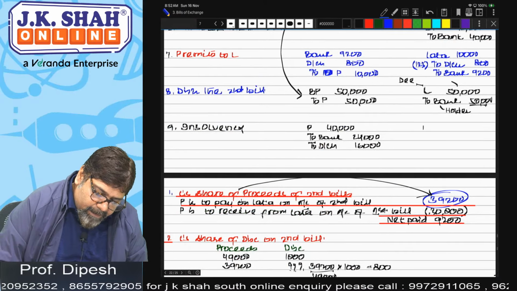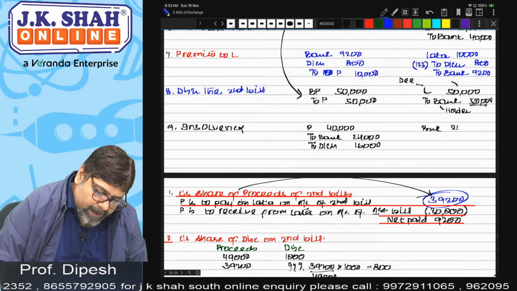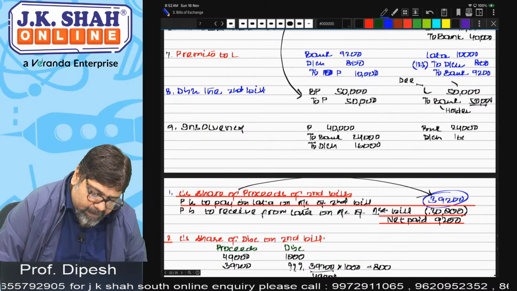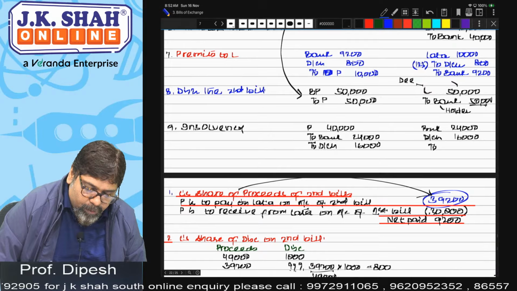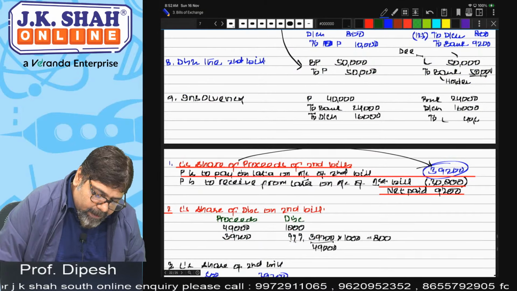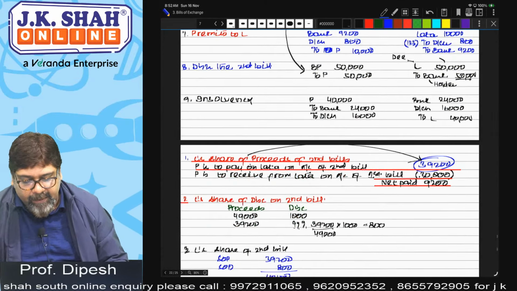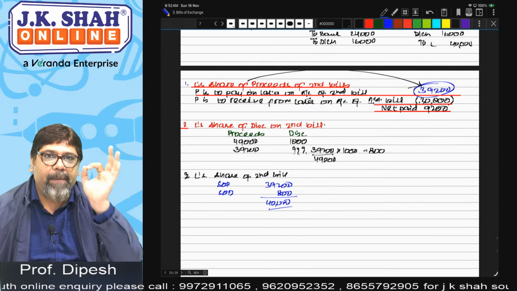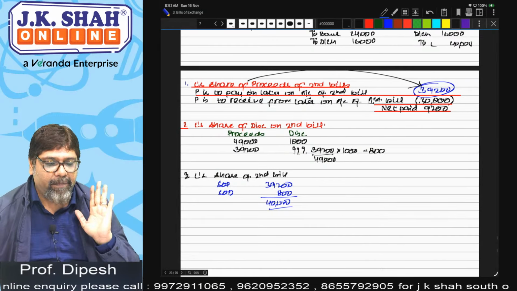And he will write bank account debit 24,000, discounting charges account debit 16,000 to Lata 40. There are 9 entries only, then these 3 working notes only. If this sum comes, don't apply any common sense, just paste it, you will get full marks.